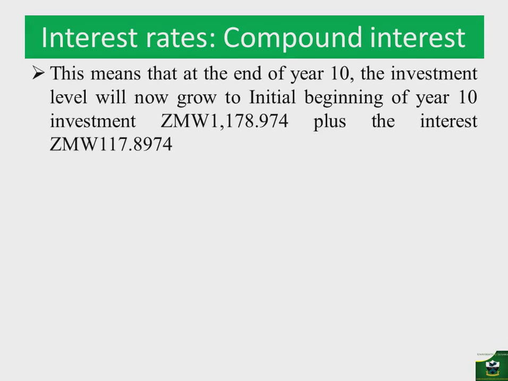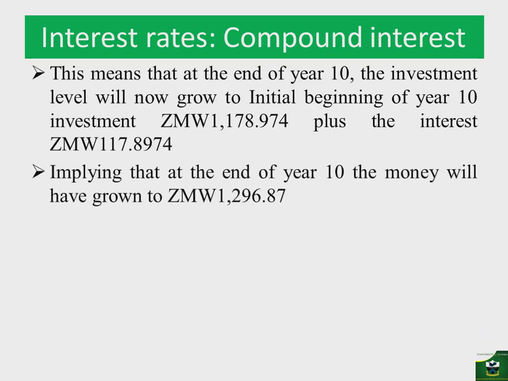So this is the interest that you are going to earn at the end of year 10. This means that at the end of year 10, the investment level will now grow to the initial beginning of year 10 investment, which is 1,178 plus the interest of 117.8974.